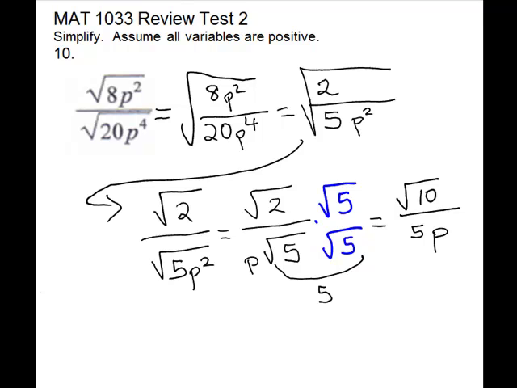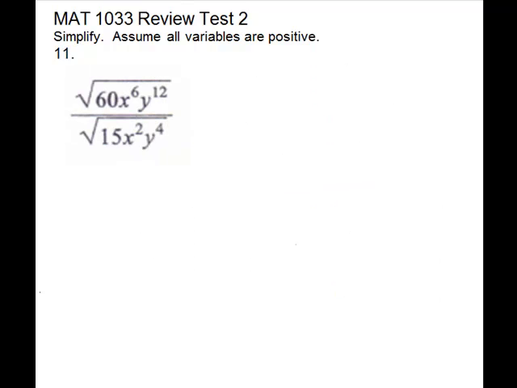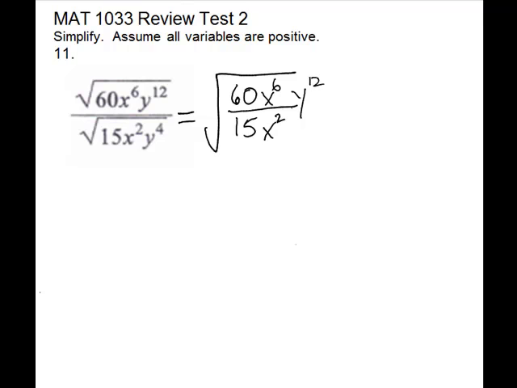And that is simplified. For problem 11, hopefully you would notice that there are lots of things in common between these two radicals. So let's put it back together as one radical and reduce. So we have 60 over 15, our x's, and our y's.